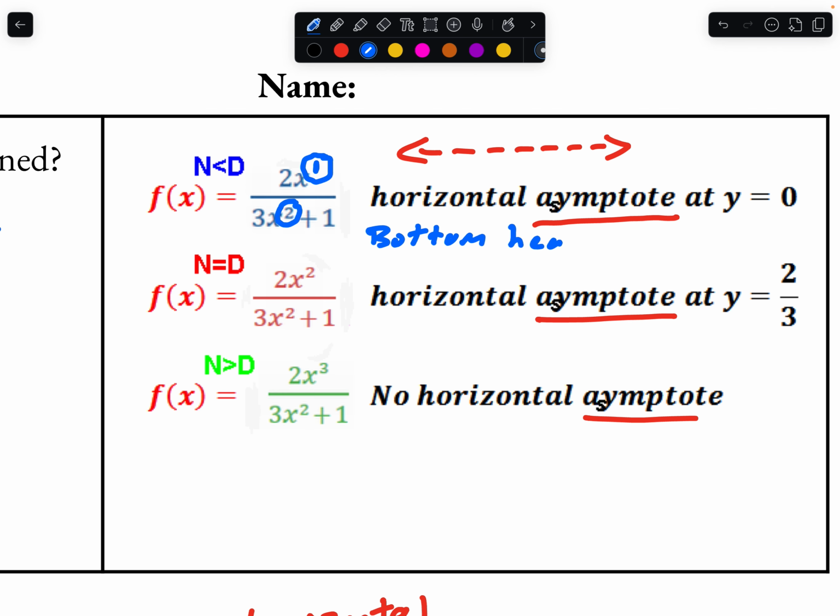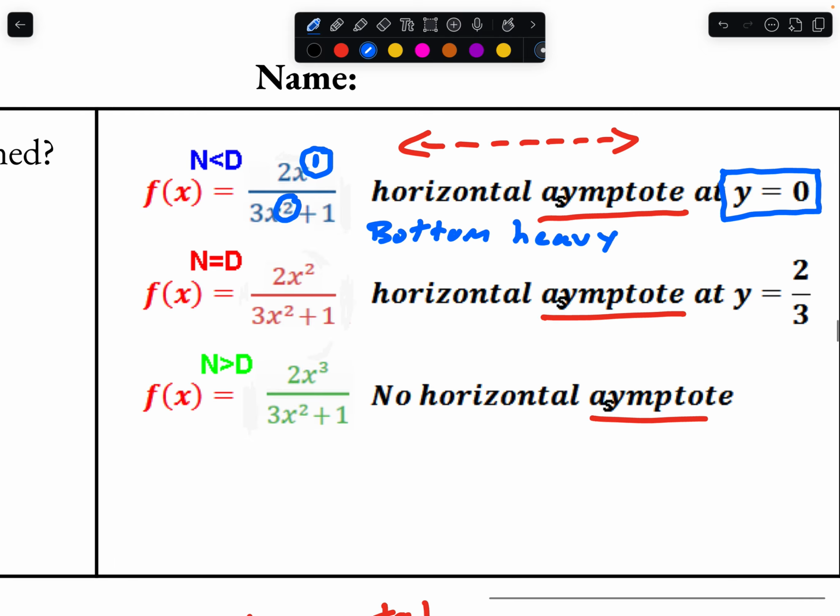The powers are larger on the bottom. As you substitute in larger numbers, it approaches y equals 0. As we approach infinity, it's going to approach y equals 0. So there's a horizontal asymptote at y equals 0.